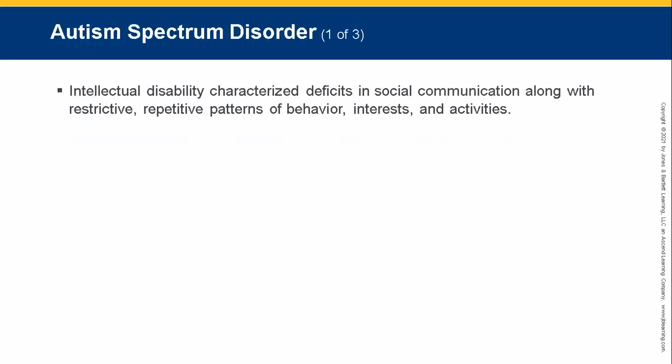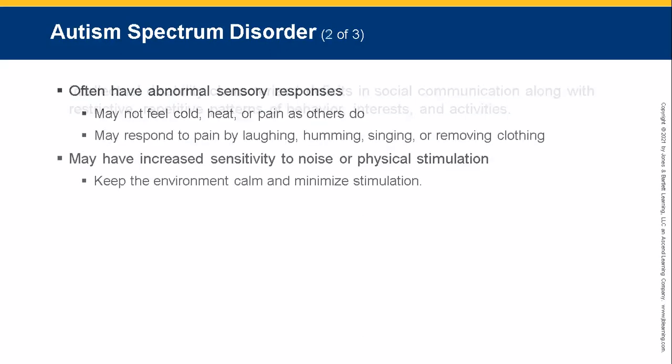Now, first one we're going to look at is autism spectrum disorder. Intellectual disability characterized by deficits in social communication, along with restrictive, repetitive patterns of behavior and interests and activities. Often have abnormal sensory responses.